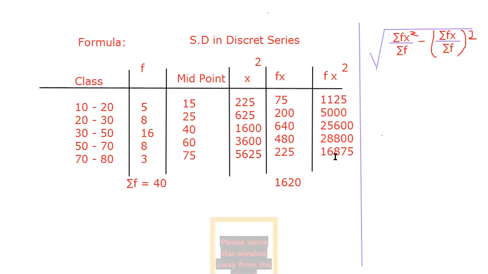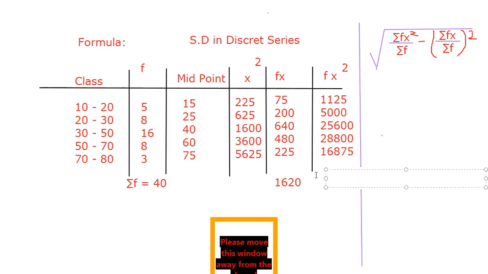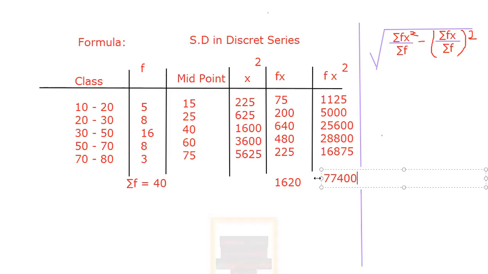Next, we are supposed to find sigma fx square: 1125 plus 5000 plus 25,600 plus 28,800 plus 16,875. So altogether we'll be getting, sorry, 77,400. Okay, so this will be our sigma fx square.